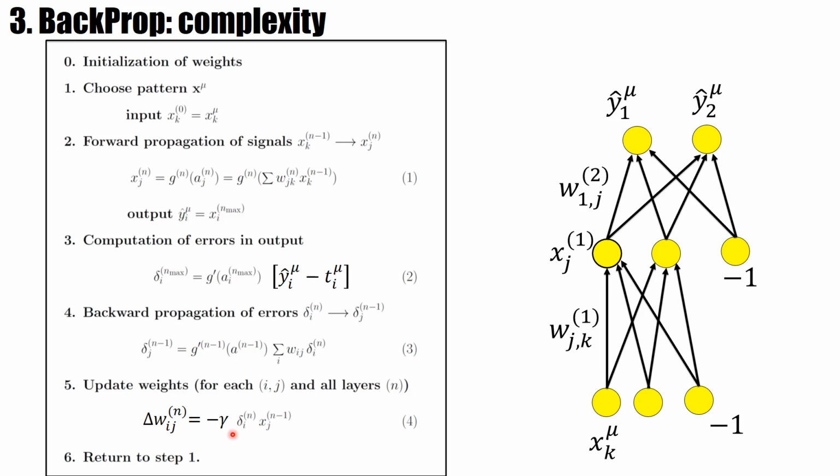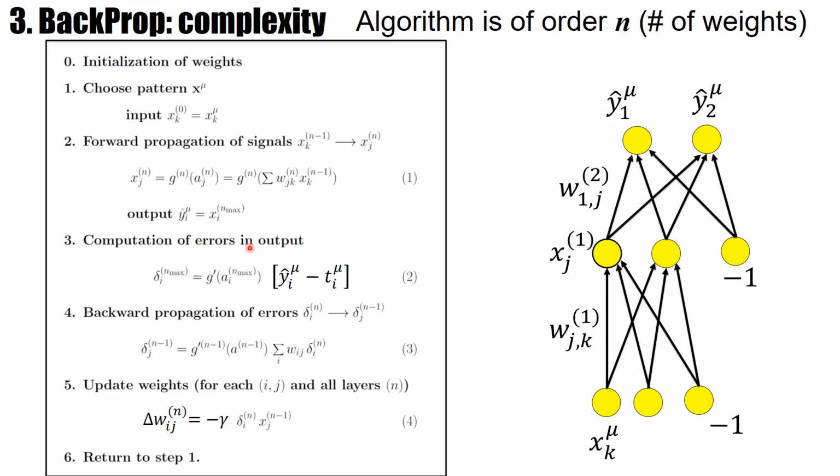Since we have stored in the forward pass the activations of the neurons, since we have stored in the backward pass the delta values of each neuron, we have all the information to update all the n weights. We have n weights, therefore this update is also order n. So in total, the algorithmic complexity is of order n, which means proportional to the number of weights.